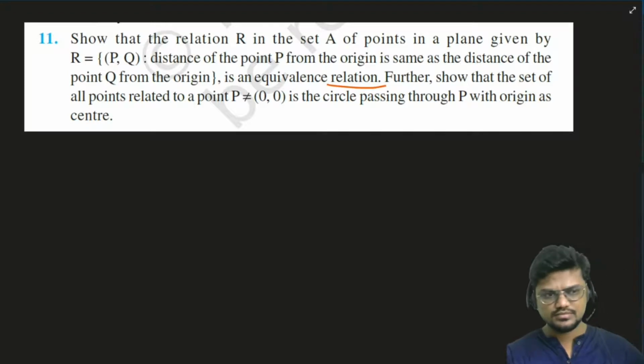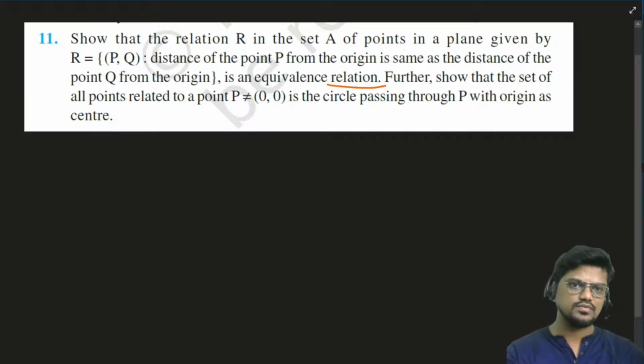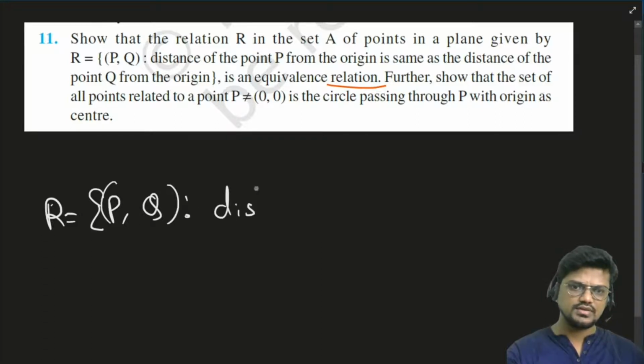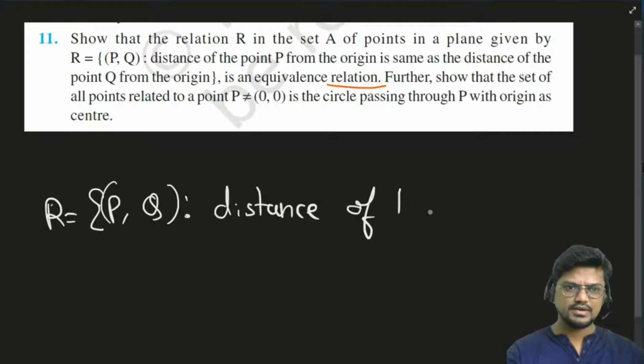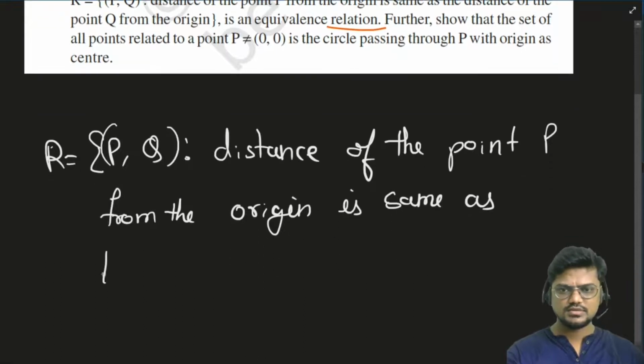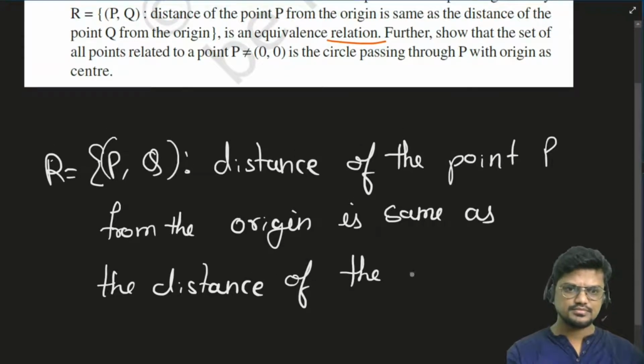Show that the given relation in a set A of points in a plane is given by the relation R. So your relation is given by the set of all (P, Q) such that the distance of the point P from the origin is the same as the distance of the point Q from the origin.